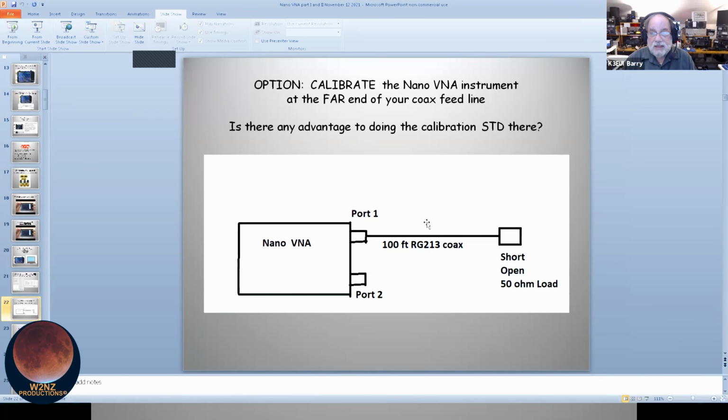So one of the things you can do with this, though, is let's say I have in my shack 100 feet of coax, then it goes to an antenna. What I can do is just take 100 feet of that same coax and do the short, the open, and load calibration at the far end of the 100 feet, which means what? I've calibrated this thing, and internally, it nulls out the effect of the coax. That is, what do I want to discover in my shack?